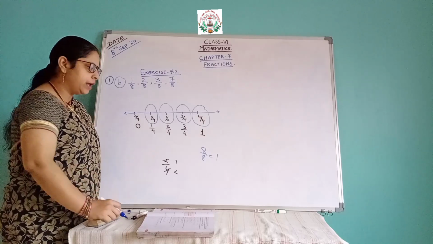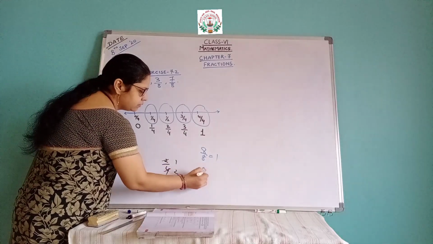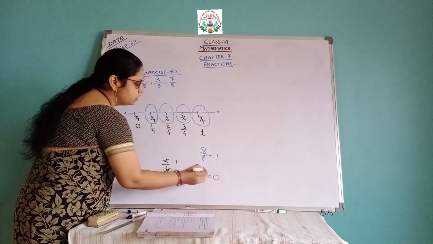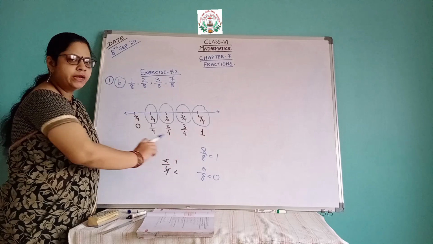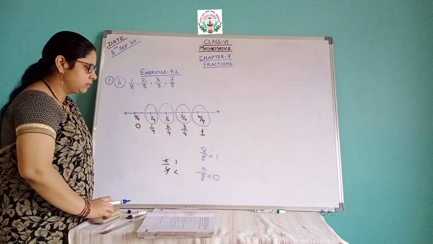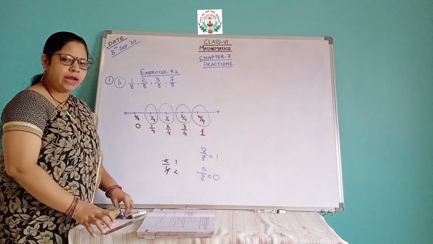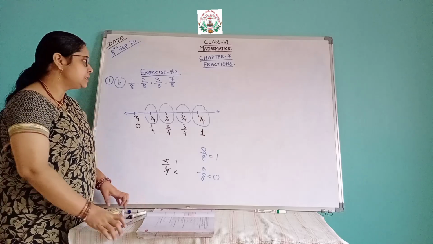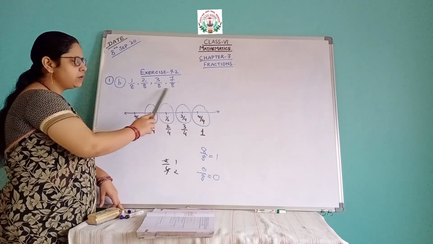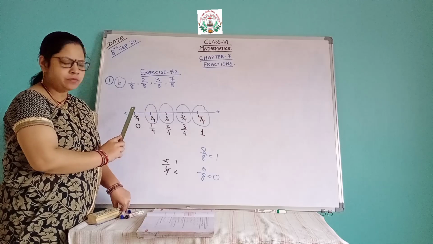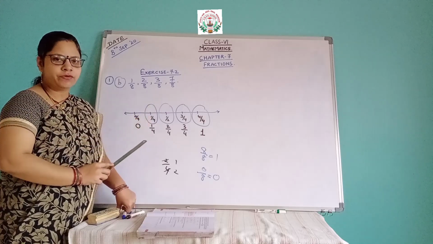And then 0 by 8 will be equal to 0. That means all these numbers will lie between 0 to 1. So you have to mark 8 equal divisions. Just see the denominator. You can see all the denominators are equal here, means they all are like fractions.